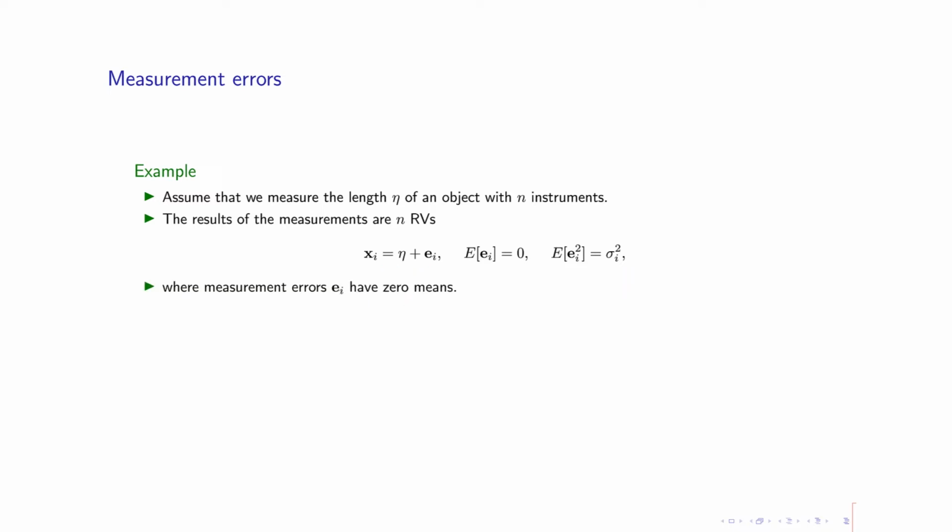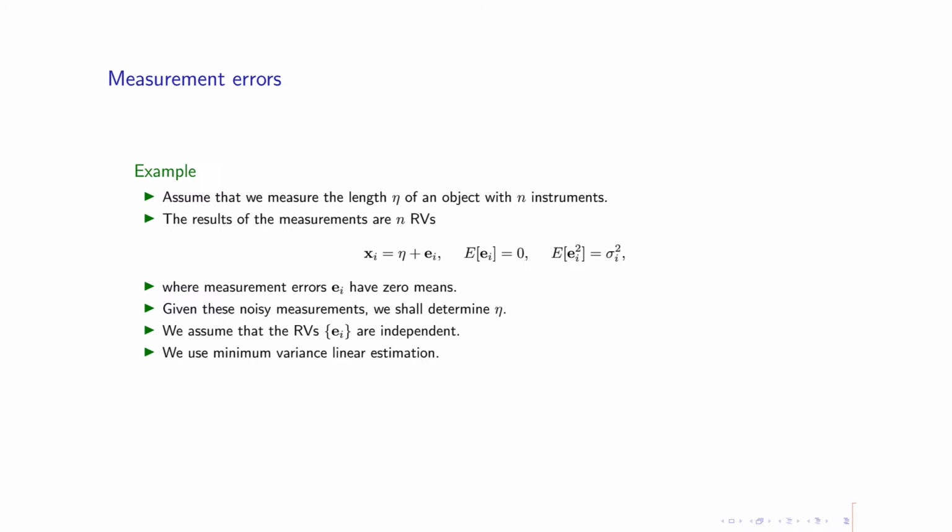So measurements errors have zero means and different variances. We want to combine these noisy measurements in order to determine the true value eta. Assume that these errors are independent and we want to use a minimum variance linear estimator.